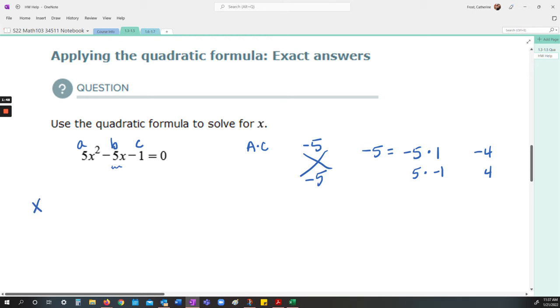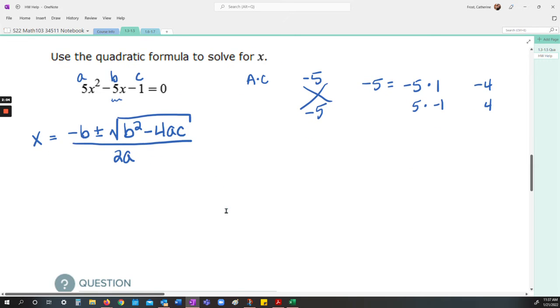Okay, so quadratic formula is x equals negative b plus or minus the square root of b squared minus 4ac, all over 2a. So let's put in our a, b, and c.